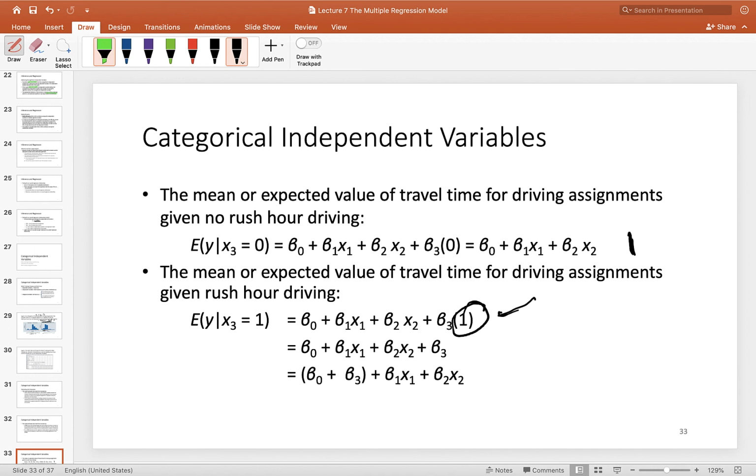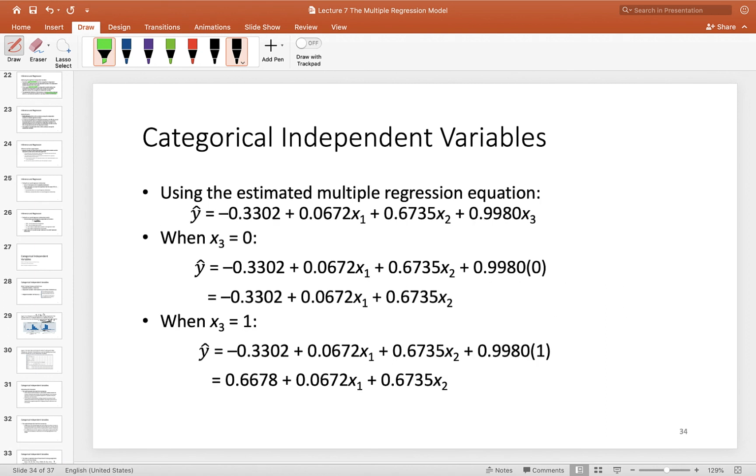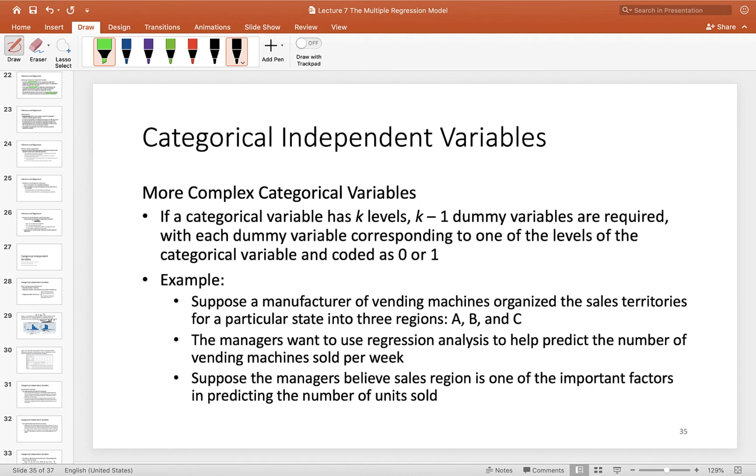And if they're not driving in rush hour traffic, that value is actually going to turn out to be a 0. And here are some examples here. This is the main equation, and if somebody is not driving in rush hour traffic, which means x3 equals 0, this is what the equation looks like. And if someone is driving in rush hour traffic, you put x3 equals 1, and this is what your equation is going to look like.